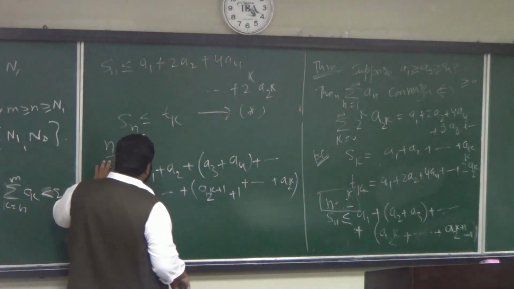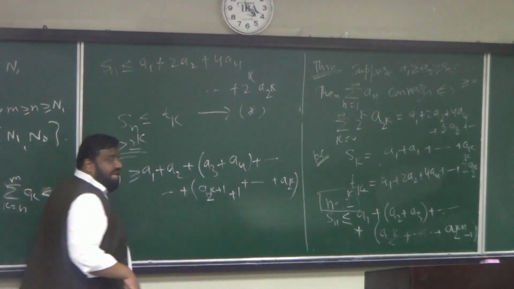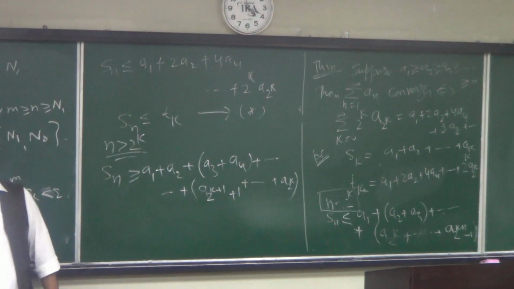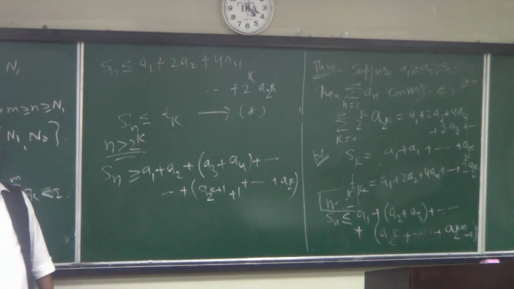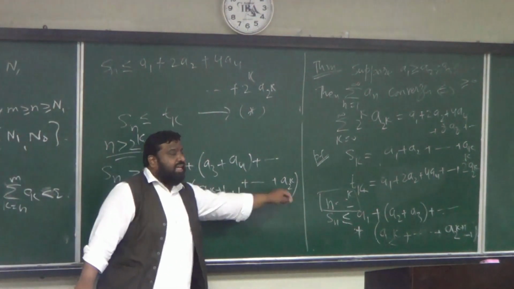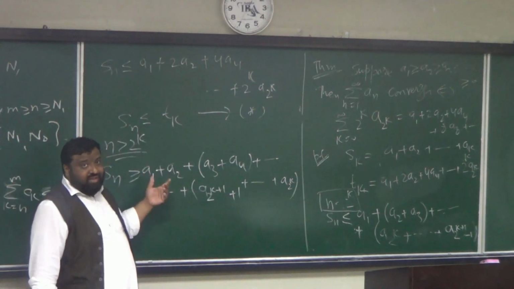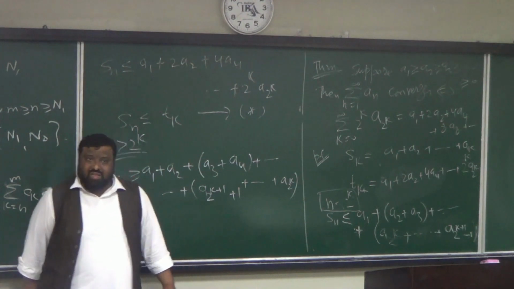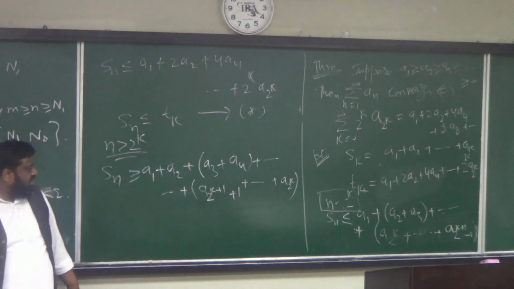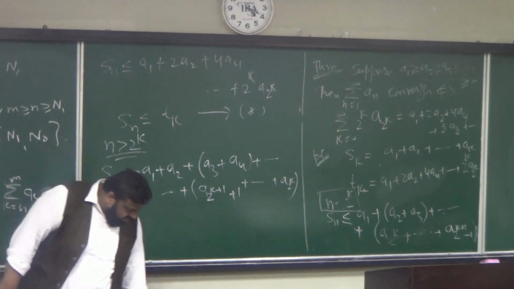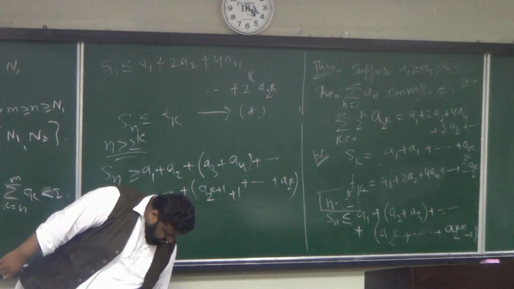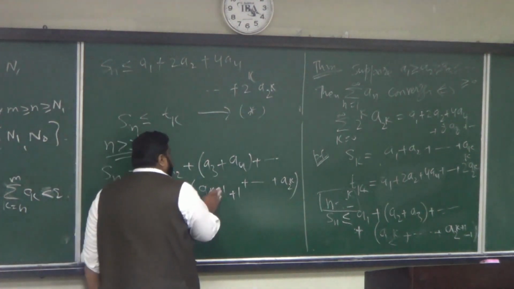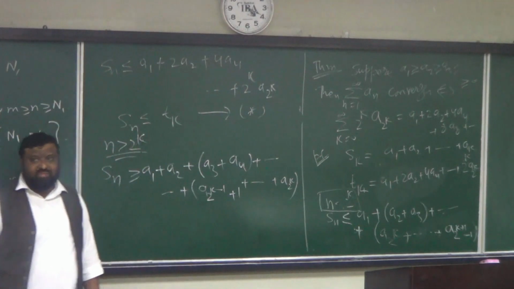My claim is that Sn must be bigger than or equal to this. Why should this be the case? Obviously n is bigger than 2^k. So in other words, these terms go up to 2^k minus 1, and now n is beyond that.